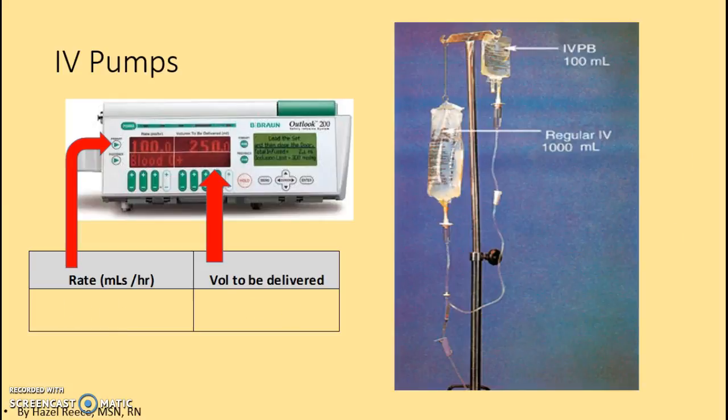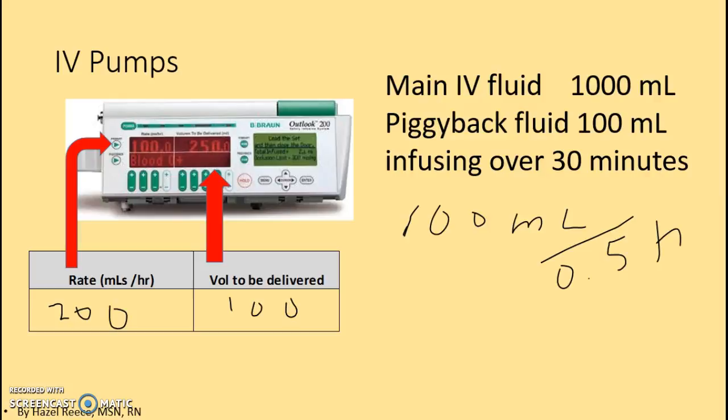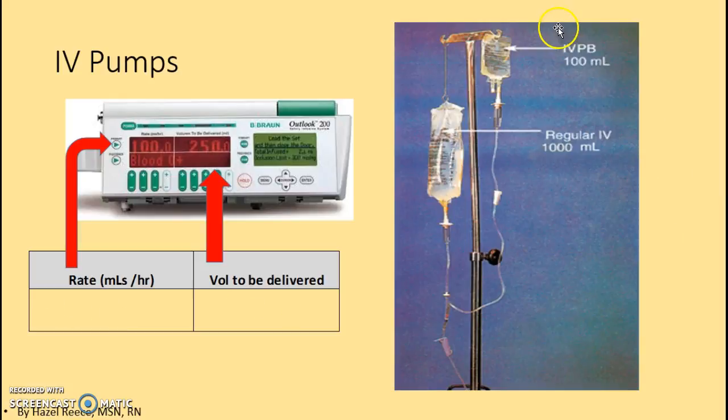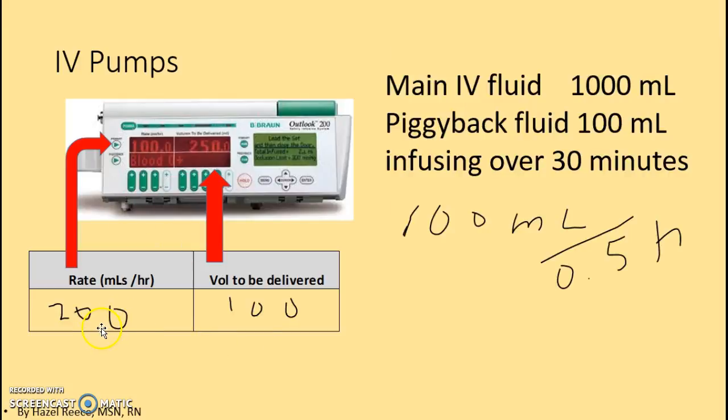that is why, as you can see here, you put the IV piggyback higher than the main IV solution, because just with physics, it's going to go in first. So it goes in first, and after this bag is all empty, then this one starts to infuse. But we don't want to infuse that at 200 mils an hour.